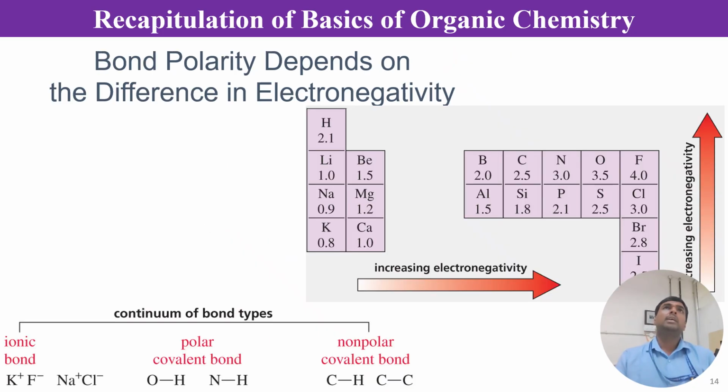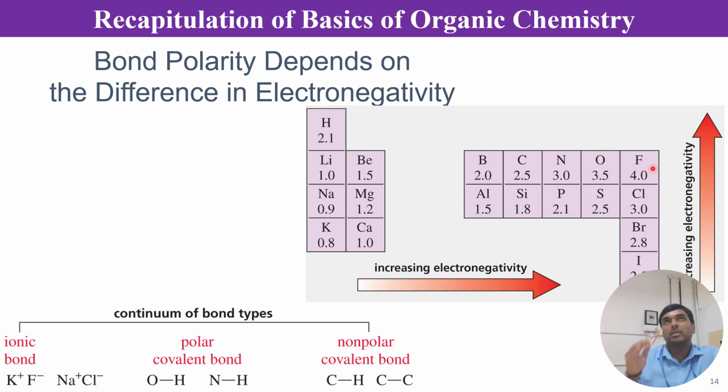Now, if we see the periodic table based on polarity and electronegativity, you can see the hydrogen electronegativity is 2.1, whereas lithium is 1, sodium 0.9. Now, if you go to the right side of the periodic table, you can see oxygen 3.5, nitrogen 3, fluorine 4.